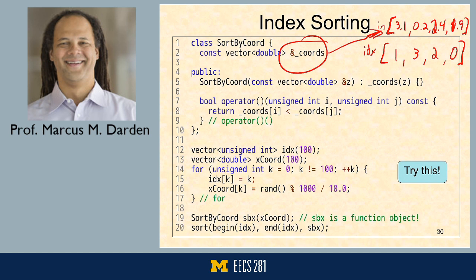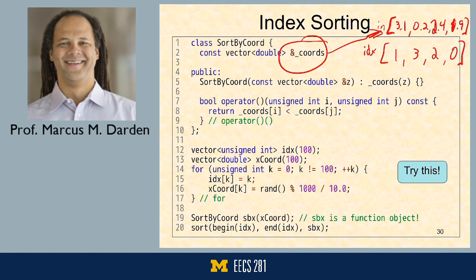Then whenever the STL function that needs to know something about a pair of items says, well, what about this index and this index? The instance you have of sort by coord has its own reference to the data. And so as the 2 indices get passed in, sort by coord can say, well, I'll go look those data up and tell you whether or not the first one is less than the second one.